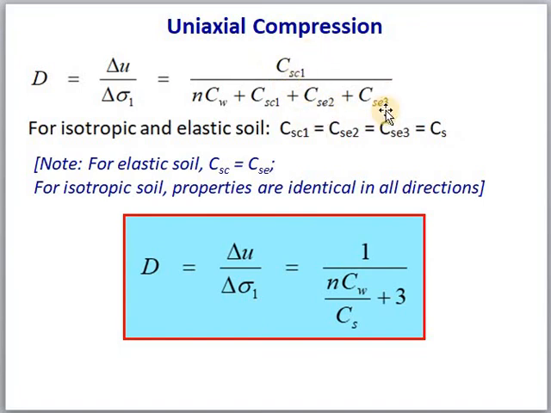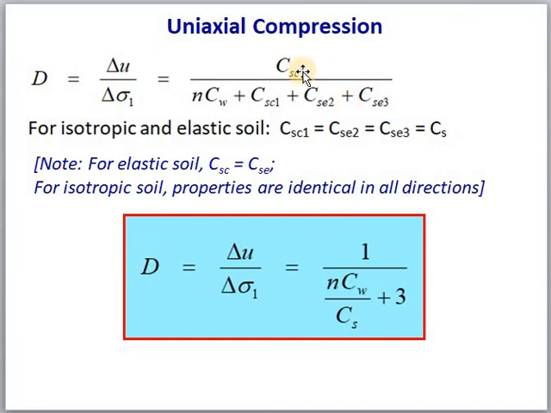But if the soil is isotropic, that is, it has the same properties in all directions, and it is an elastic soil, definitely the coefficient of compression as well as the coefficient of expansion will be the same as the compressibility of the soil. That is CSE1 as well as CSE2. All these will be equal to the volume compressibility of the soil, which is CS.